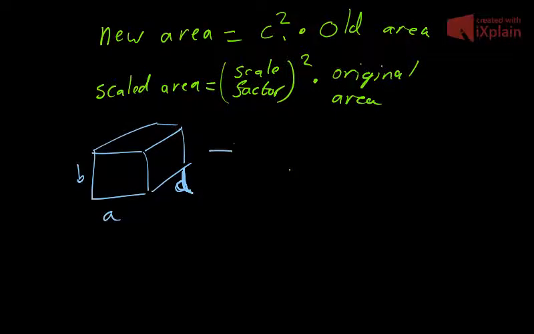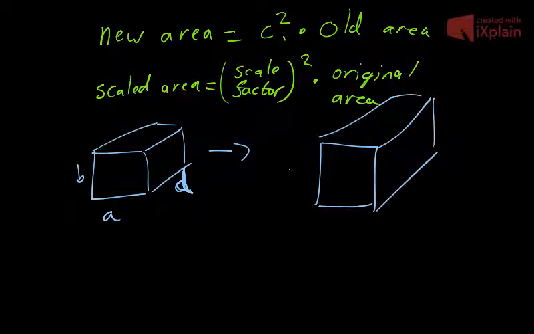So I'm going to scale this up to some bigger prism here, where it's going to be AC, DC, finally got it, and BC there. So my AC, DC, BC prism is what's happened when we scale up by C.